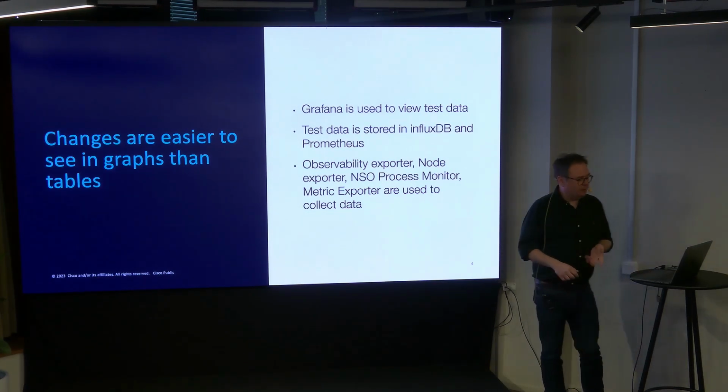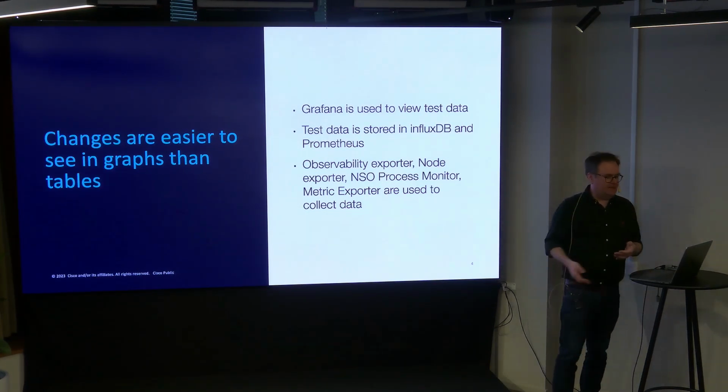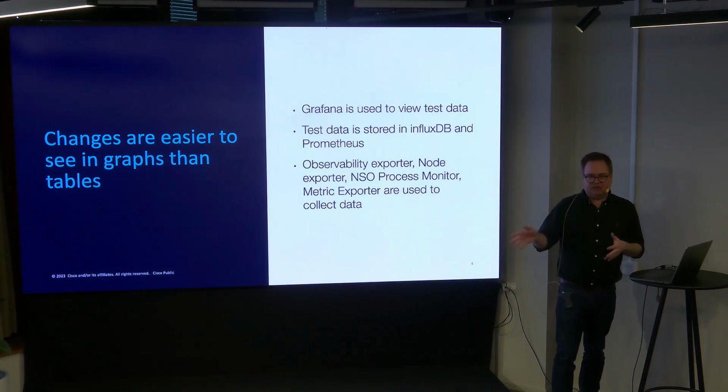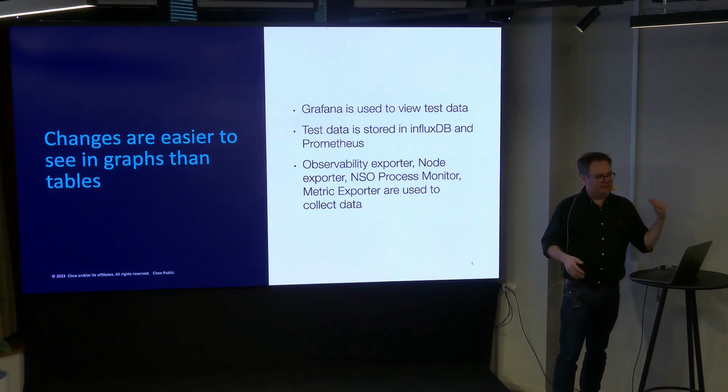And what we have seen is that changes are easier to see in graphs than in tables. It's easier if you have all the test results graphed compared to looking at them in a list. And what we do is that we store all the tests.